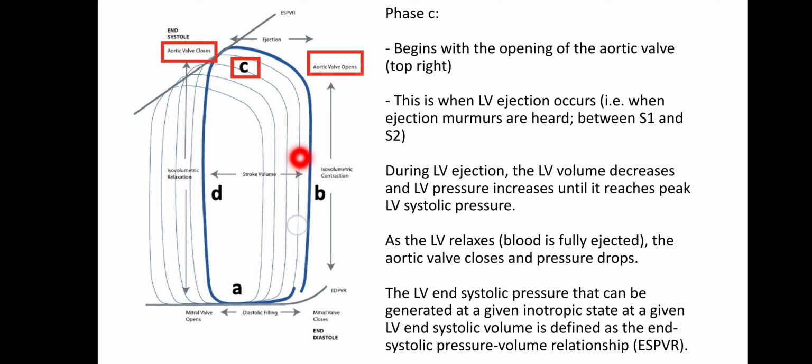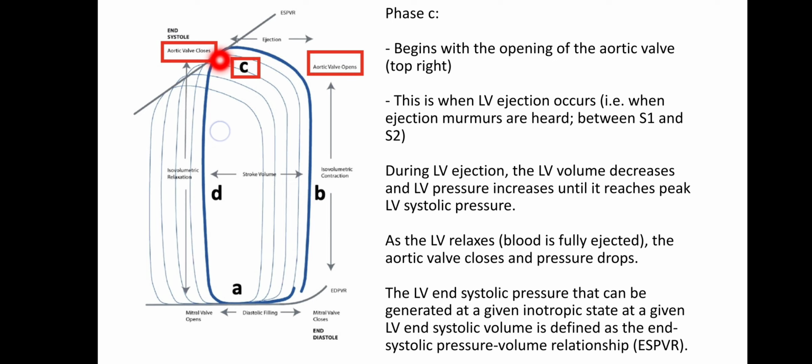That is also shown as stroke volume. So during this ejection phase, the LV volume decreases, but the LV pressure increases due to continuous contraction of LV, and it reaches a peak point that is called LV systolic pressure.